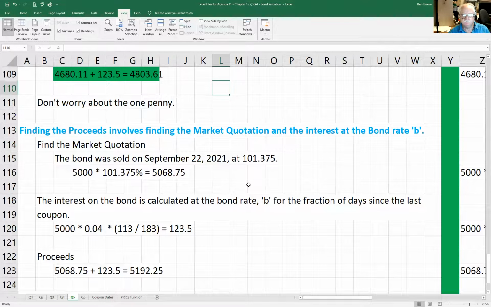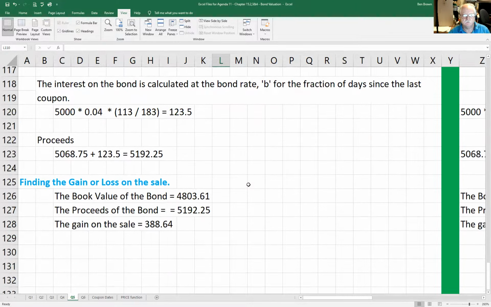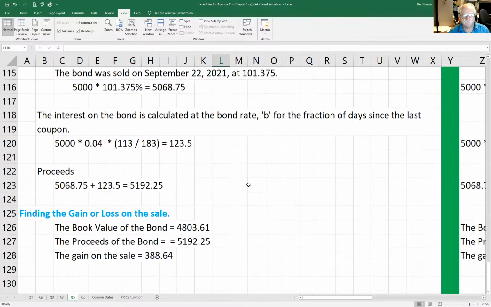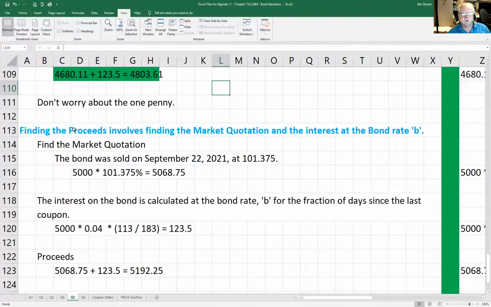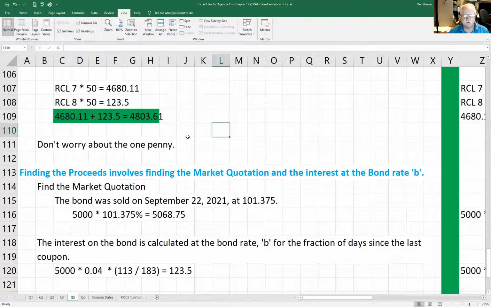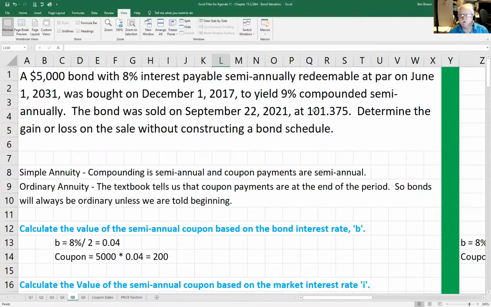So now what they're doing is comparing this answer we've got here with this number that they get from what's called the market quotation. See this 101.375?